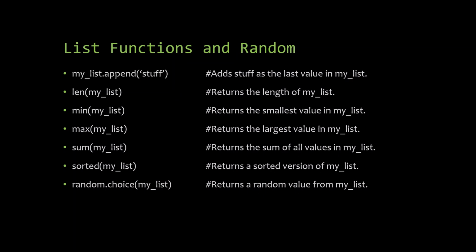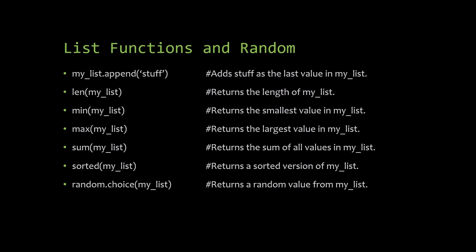I don't have to reassign it with the equal sign. It's just going to add it right in, and it's simple. On the other hand, you see length, that returns the length of the list. So that's going to return an integer. In that last loop that we had, we used length to find out how long our fruits list was. So that returned an integer that we could use.